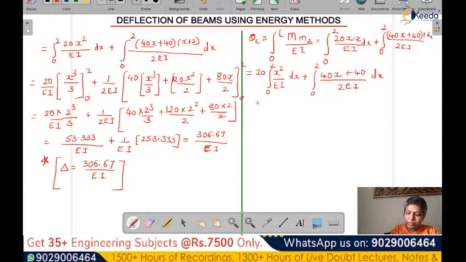Here 20 x square integrated will become x cube by 3.